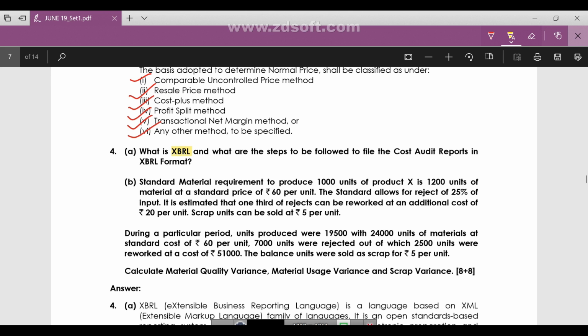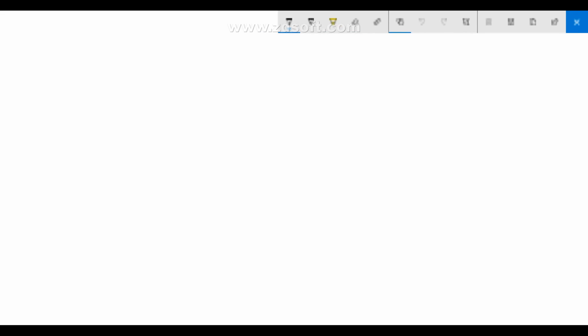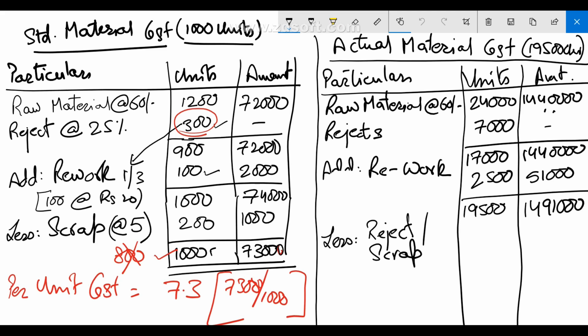Balance units were sold as scrap. So we have rejected 7,000, guys. 2,500 is reworked, so the balance amount which is sold is 4,500. Now ideally we should have sold it again for rupees 5 per unit, which we have done, and the amount of realization is 22,500. So this remains 19,500.